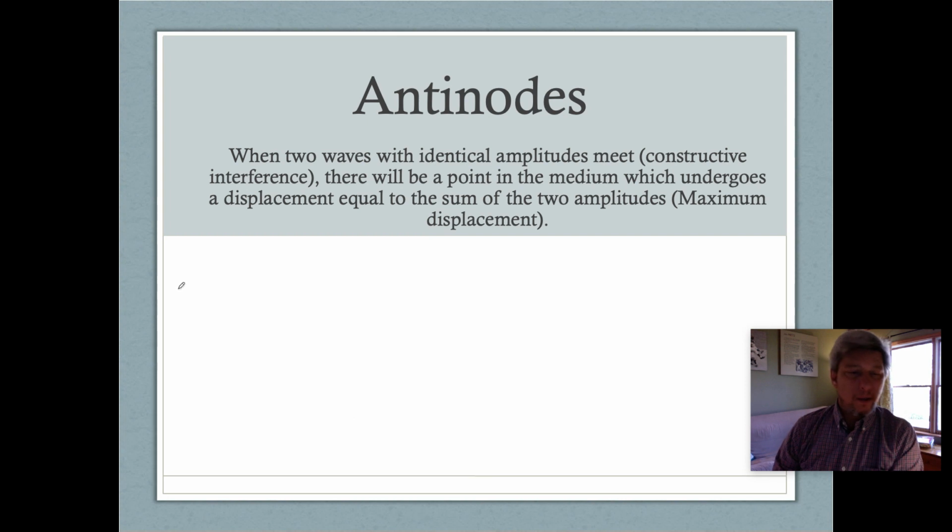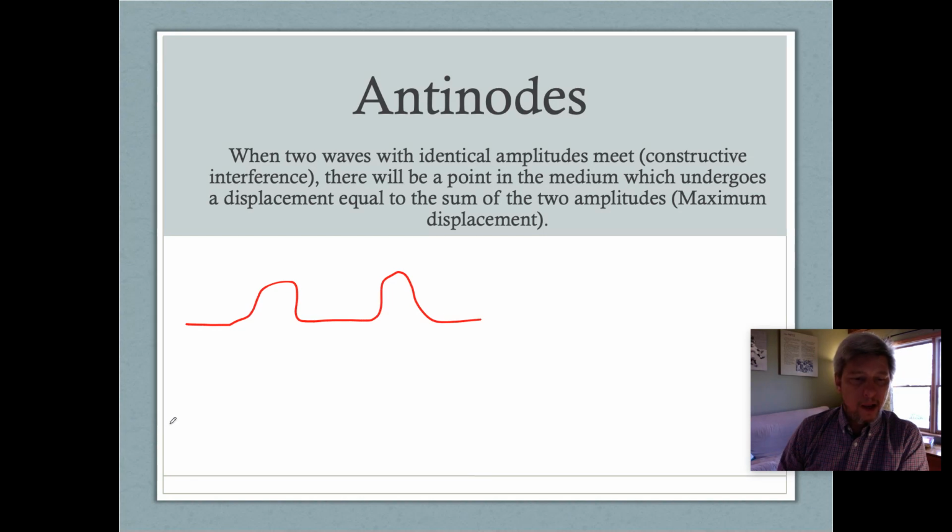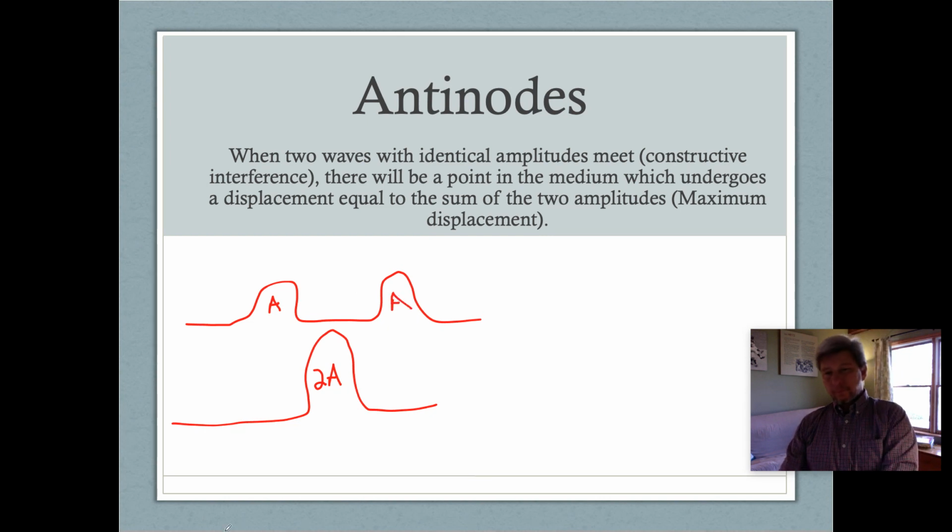And I showed you this already, but you've got a wave of magnitude A and a wave of magnitude A. They come together and they form one big wave for just a minute with a magnitude of 2A. So that's A, and that's A.